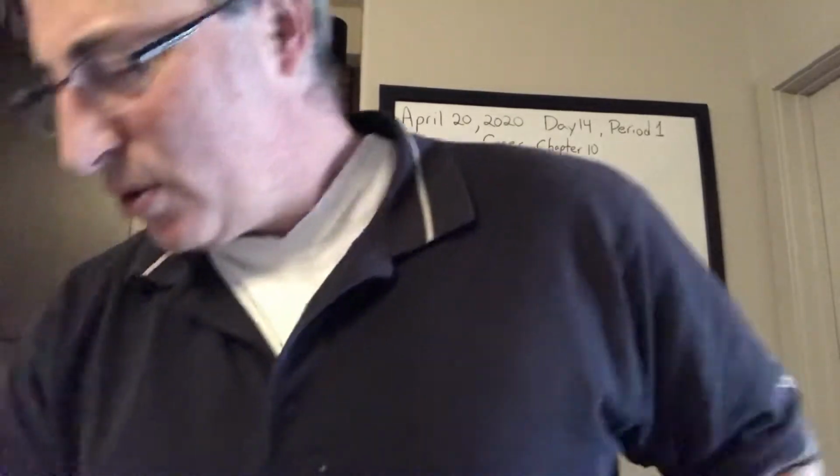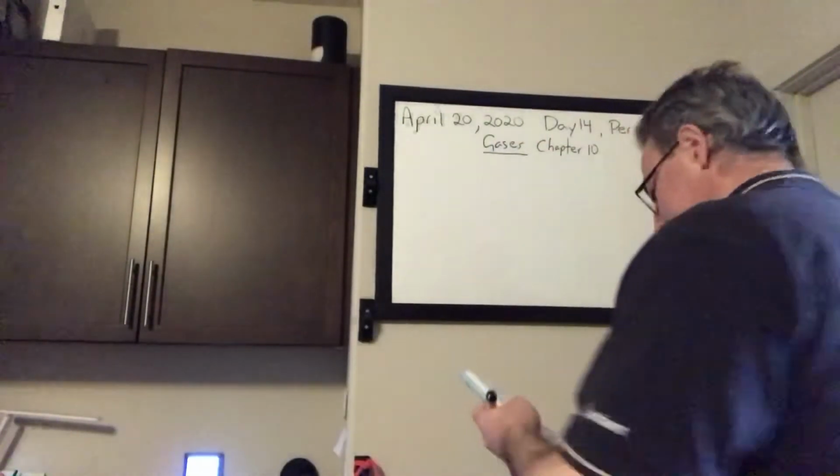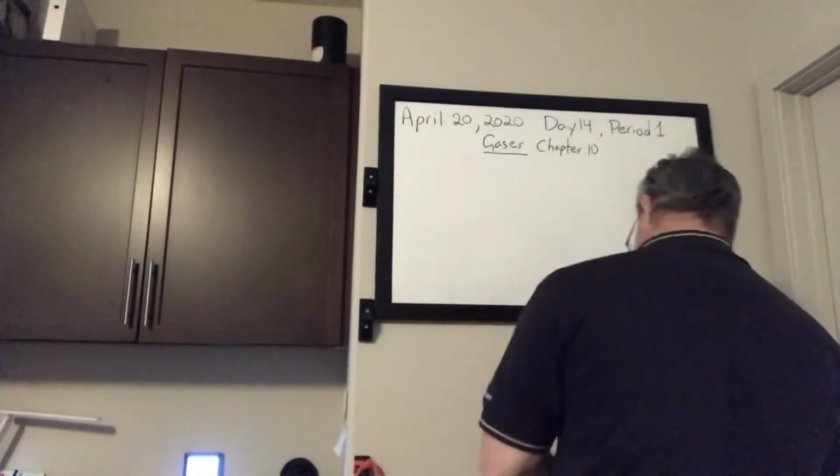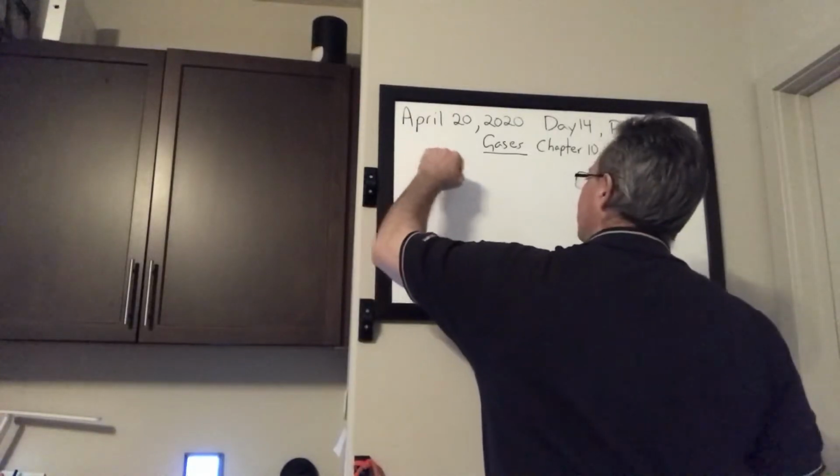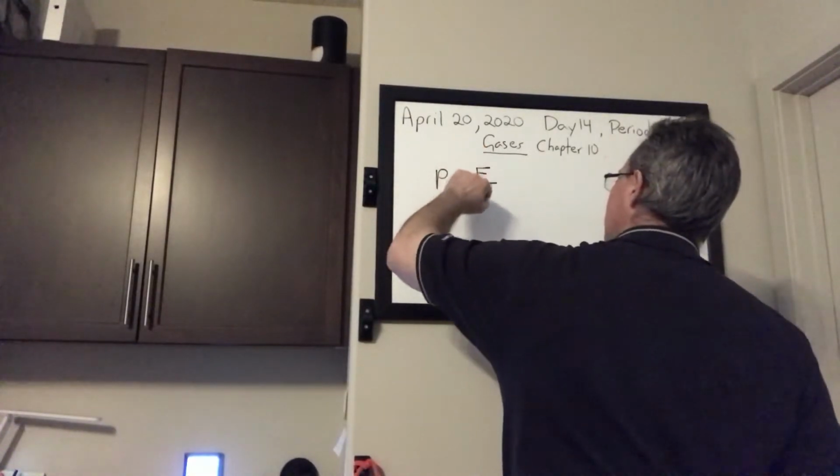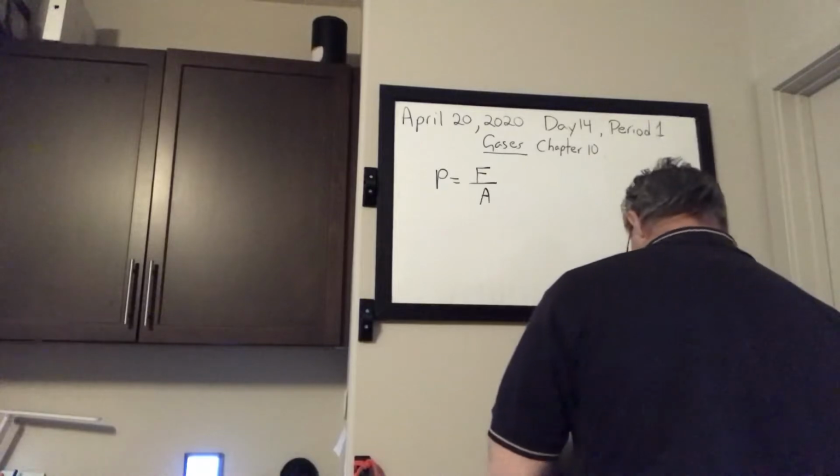What is pressure? Pressure is a derived unit. It's made up of two units: force over area. And force itself is also a derived unit, but it goes like this. Pressure is equal to the force exerted by something divided by the area over which it's exerted.